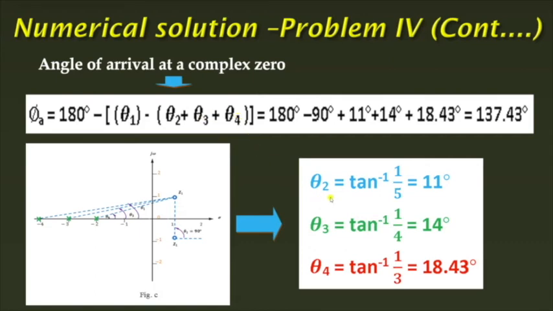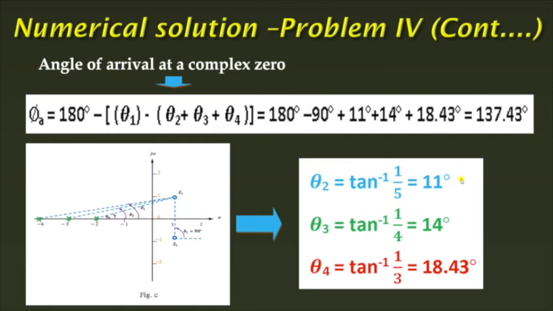Then calculate theta 2. Theta 2 equals tan inverse y by x. So y is 1 and x is the magnitude 1 plus 1 plus 1 plus 1 plus 1, that is 5. That is tan inverse 1 by 5.